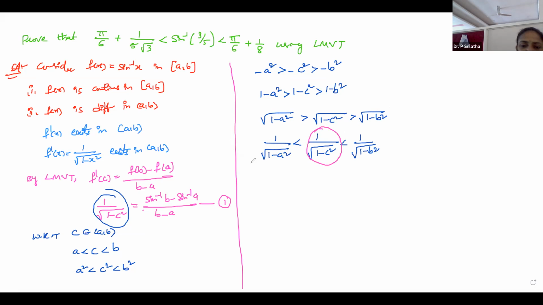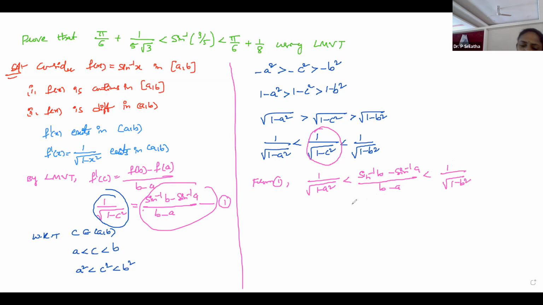So from equation 1, 1 by under root of 1 minus a square is less than... So what is 1 by under root of 1 minus c square? That value is sine inverse b minus sine inverse a divided by b minus a, which is less than 1 by under root of 1 minus b square.